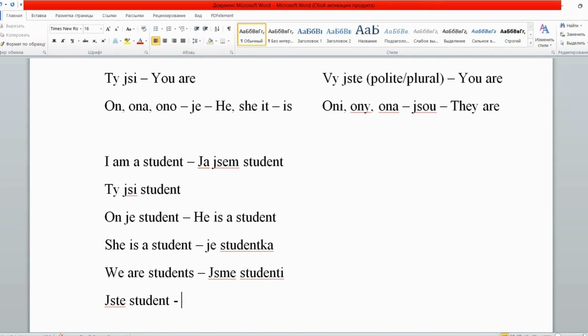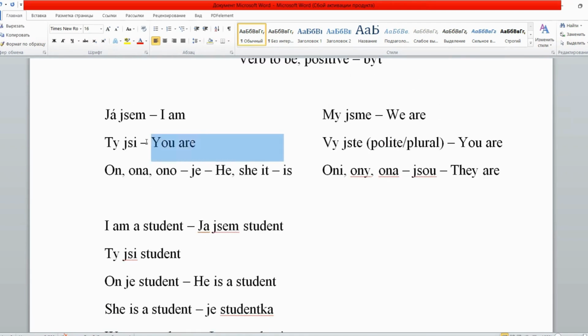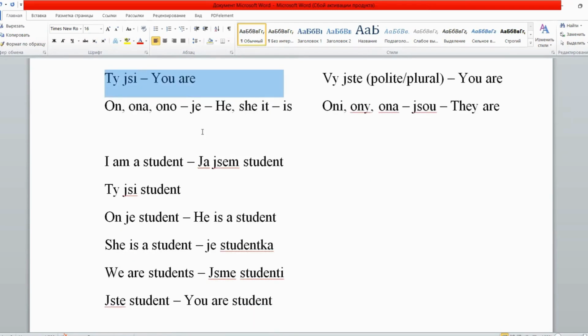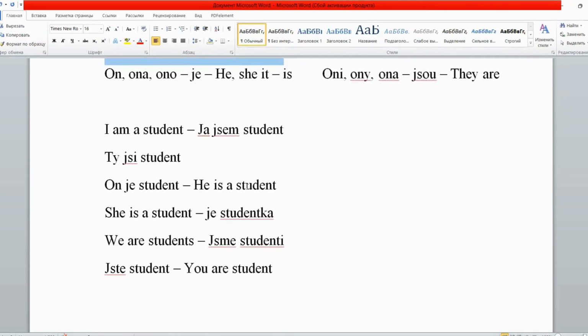It means you are students. This is the polite version. Don't confuse it with the other version, because ty jsi means you are, not the polite version. It's the singular form usually.